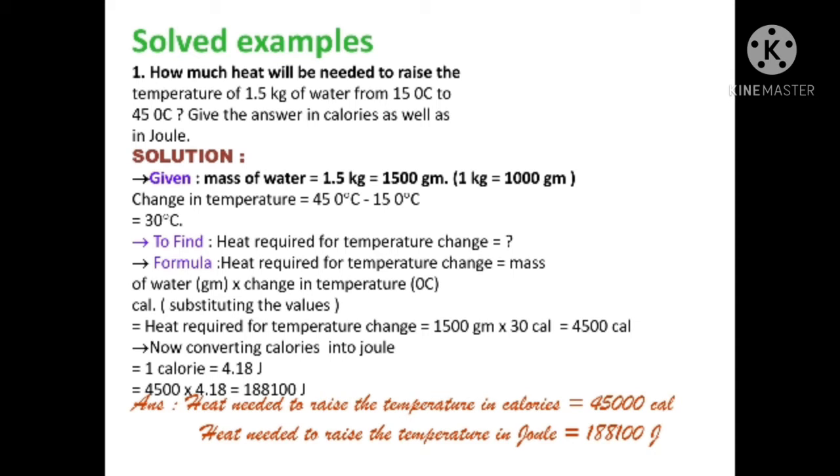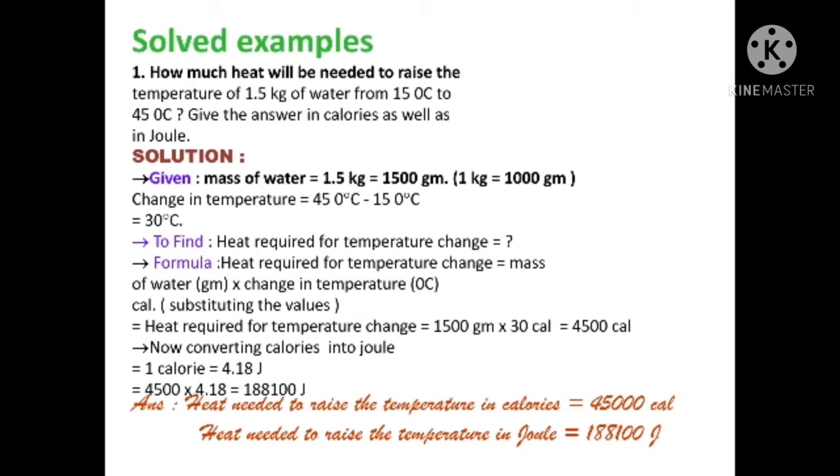So, what is given? First, mass of water, which is equal to 1500 gram. And second, change in temperature, which is equal to 45 degrees Celsius minus 15 degrees Celsius, which becomes 30 degrees Celsius. Now, students, what we have to find is heat required for temperature change. We know the formula, students.